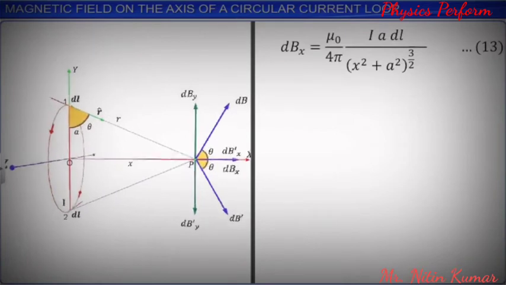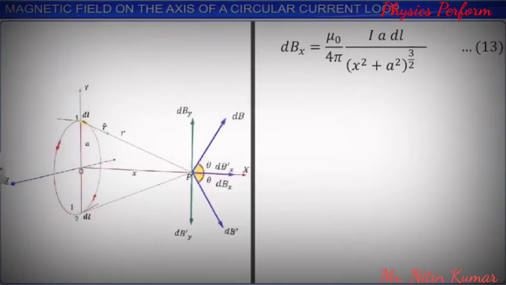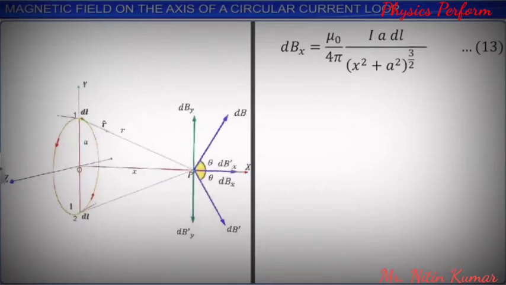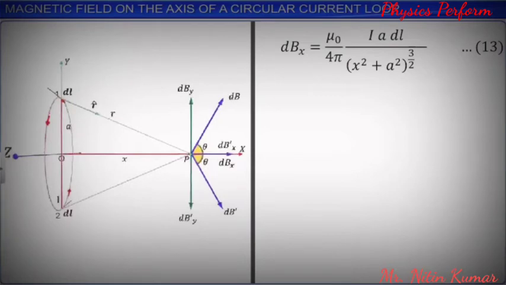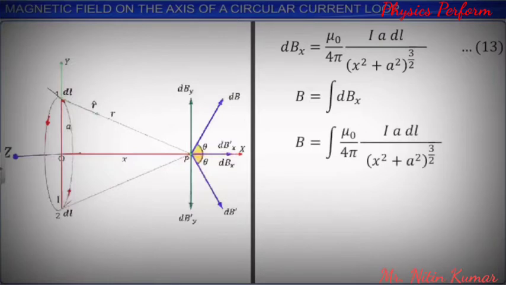The net magnetic induction B due to the total circular loop at P can be obtained by integrating the horizontal components of magnetic field induction due to the small elements of the circular loop. That is, B is equal to integral of dBx. Mu naught by 4 pi, the radius of the loop A, current in the loop I, and the distance of the point P from the center of the loop x are constants.